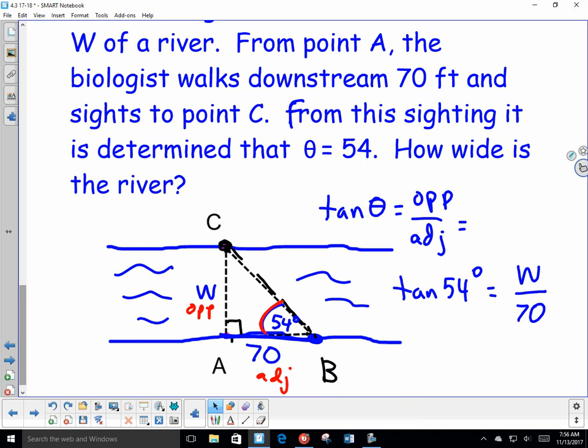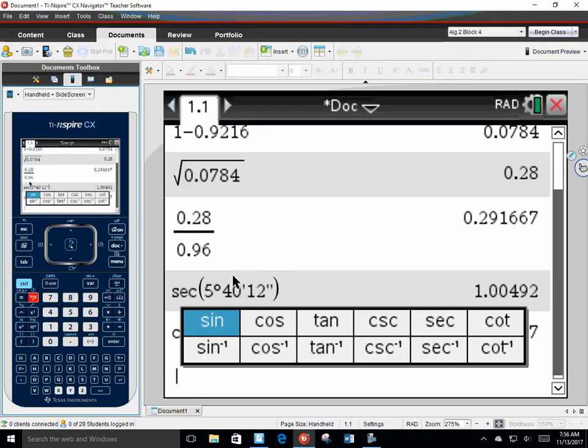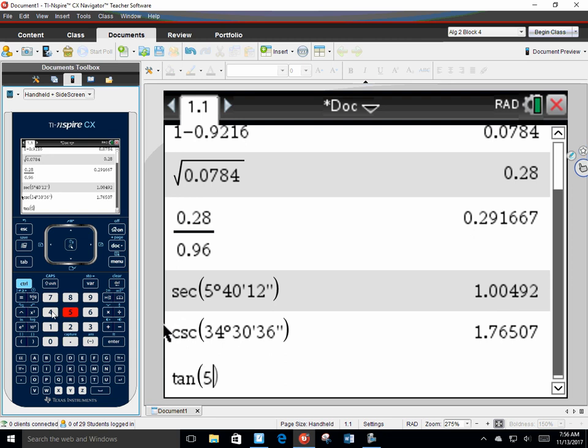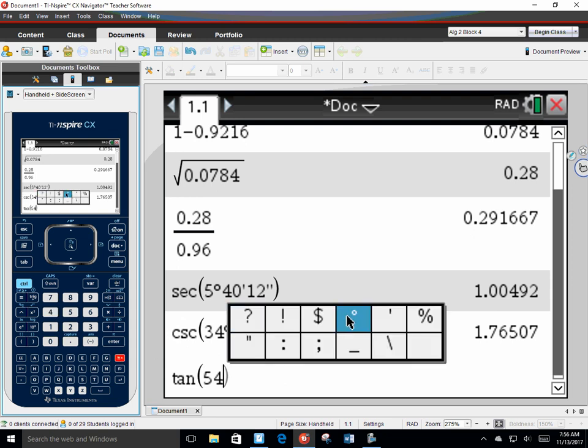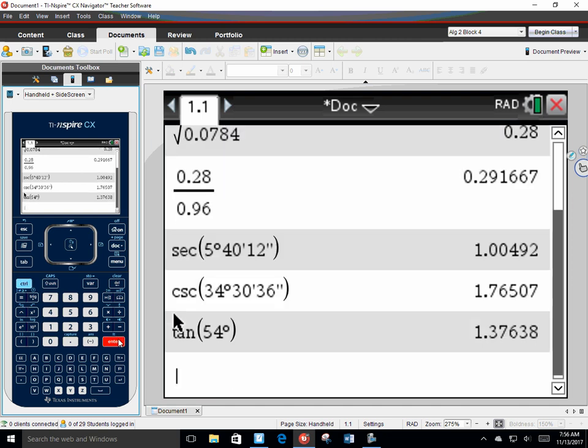So let's get tangent of 54 degrees on our calculators. I want tangent 54, in degrees mode, and I am getting 1.376. I'll just go with that.